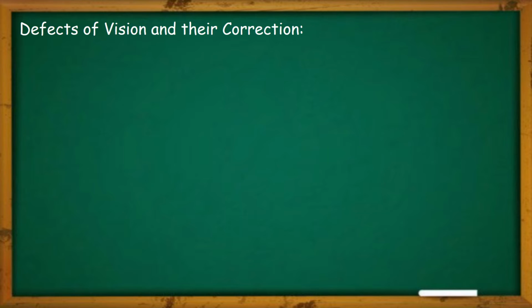But you have seen sometimes some human beings are unable to see things clearly, or they are facing some kind of difficulties. Why does this arise? Maybe because their eye lens is not auto adjusting the focus point, or some blurry image is created on the retina, or any other defects.